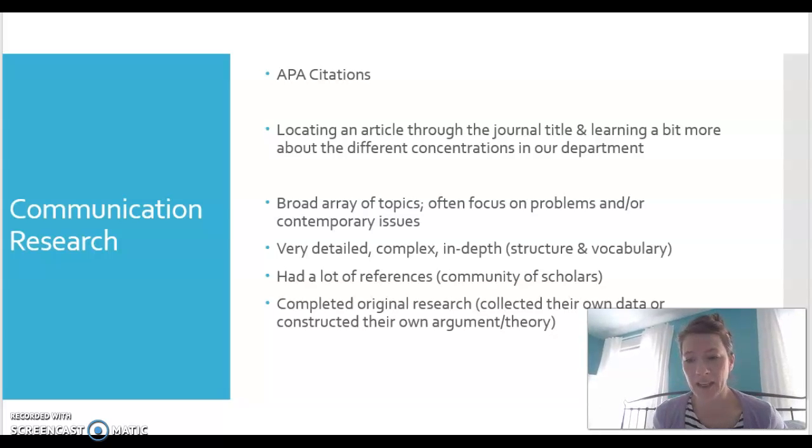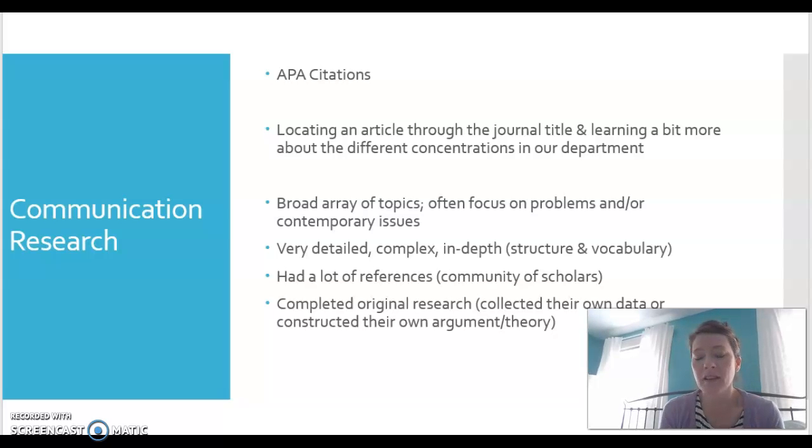One thing about communication as a discipline is that it takes from all the other disciplines, and so it has connection with a really broad array of topics, everything from psychology to history to law, for instance.